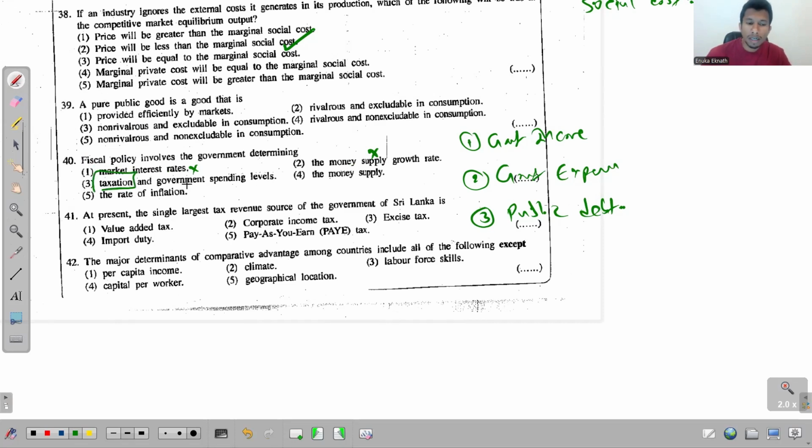Taxation means the government revenue, and government spending means the government expenditure. Yes, fiscal policy is related to these, and that's the answer. The fourth one, again, money supply, which is related to the monetary policy. The rate of inflation is once again related to monetary policy. Then the answer for this question 40 is the third one.